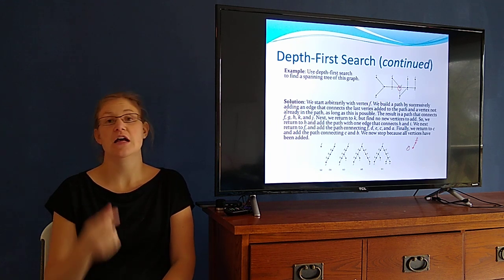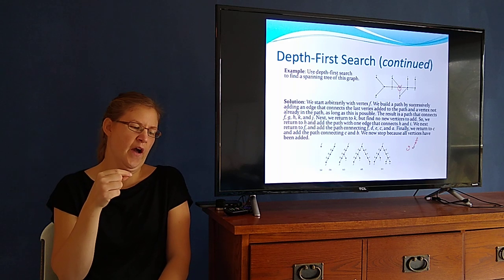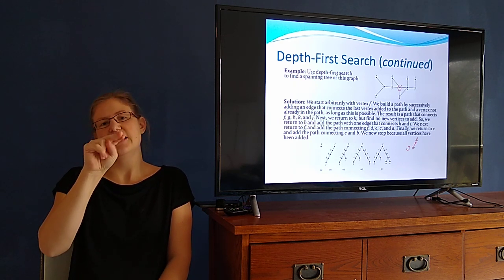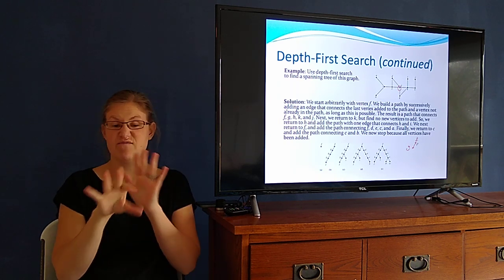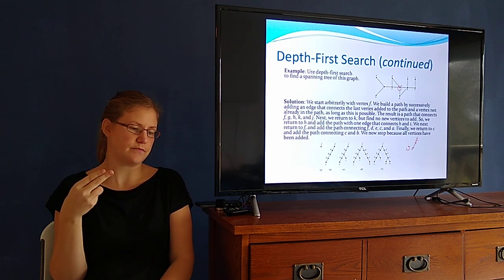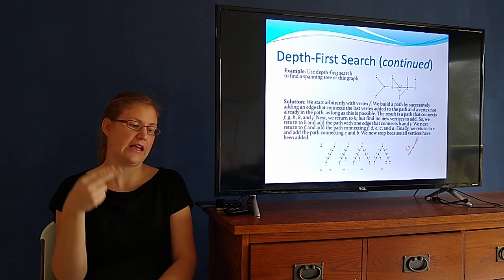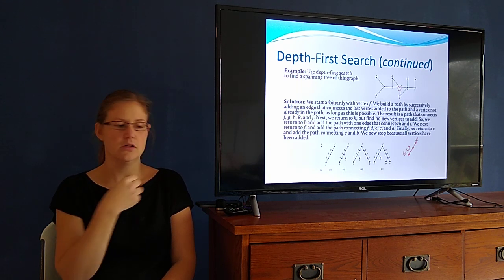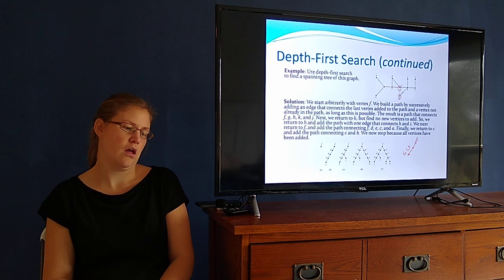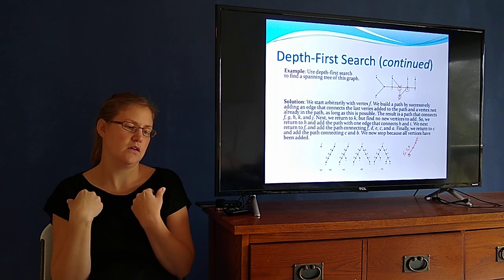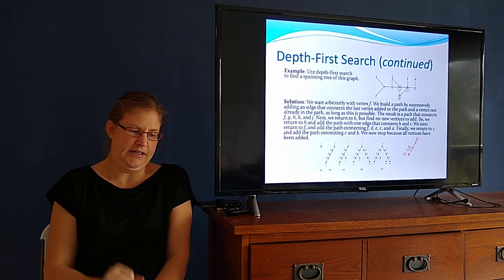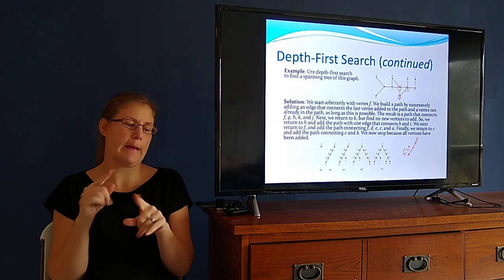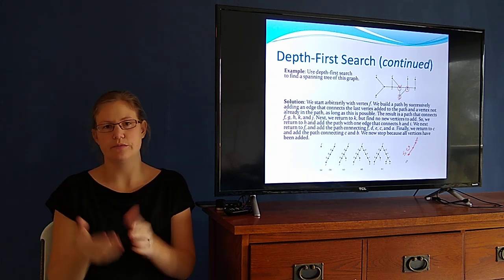Okay. From G, we have 2 edges that are incident to G. We have the edge that connects G to F, which is discovered already, and we have H. So let's list H. Okay, and let's remove G and H. Okay, from H we have F, G, I, and K. So you can go either direction, but again, I'm following the solution that is provided here.